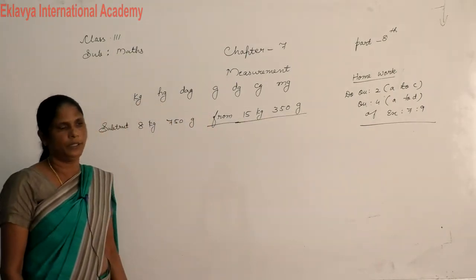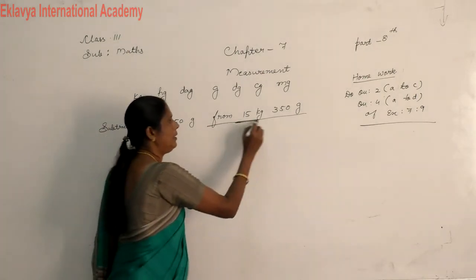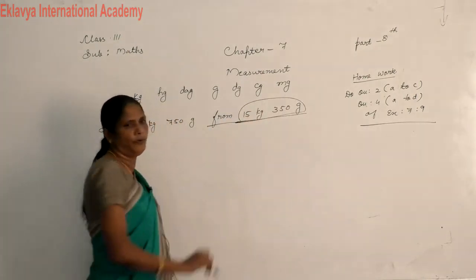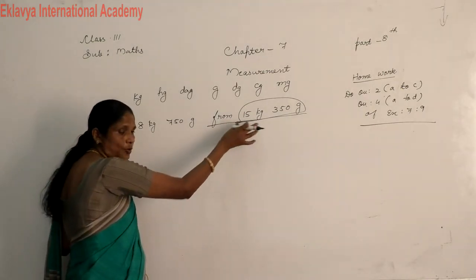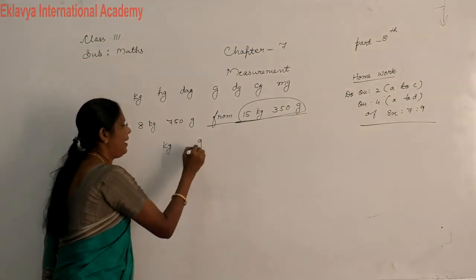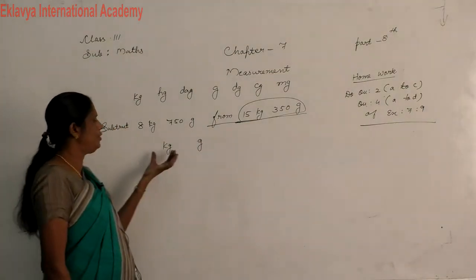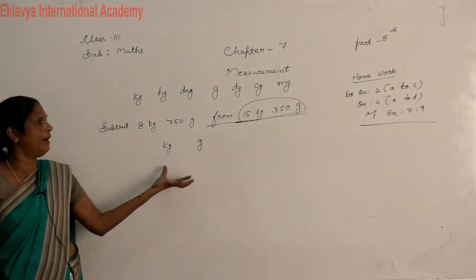From comes here. Therefore, you write the second number first. That is, you make 2 columns, kg and gram.